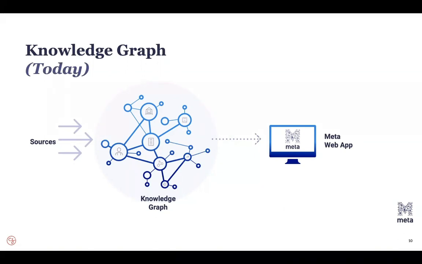Using all of those technologies and using Neo4j, we have today stood up this knowledge graph, which is connecting different entities and which is being used by our own meta web application. So this is a good beginning.